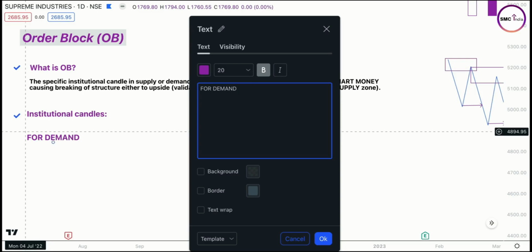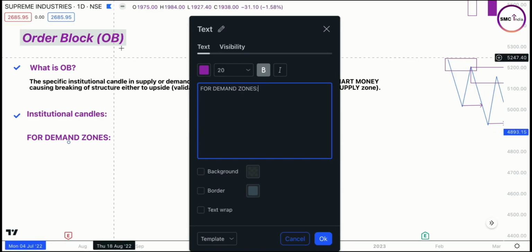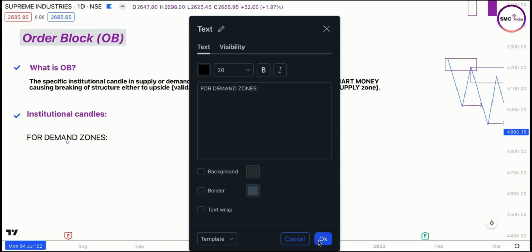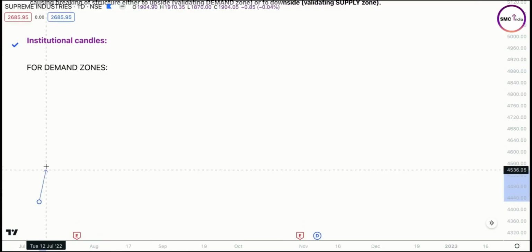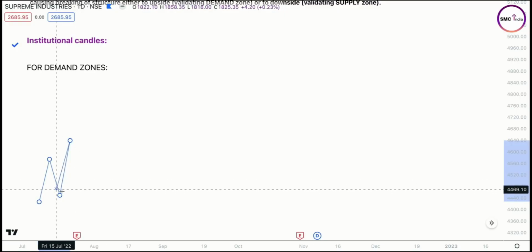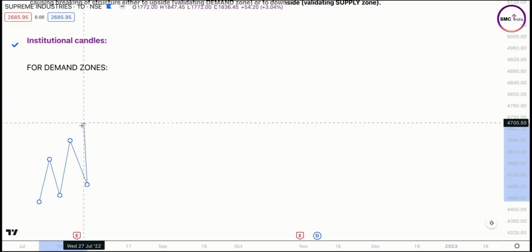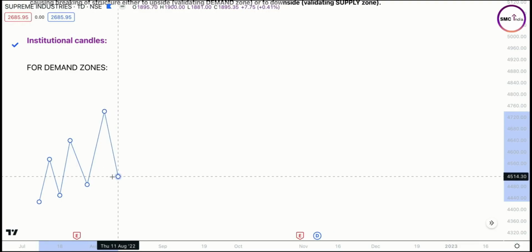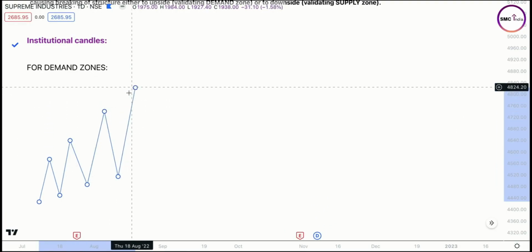For demand zones, when the price shoots up like this, comes back to this demand zone, shoots up like this, comes back to this demand zone here, shoots up like this, causing breakout structure here, comes back to this demand zone here, and again shoots up like this.